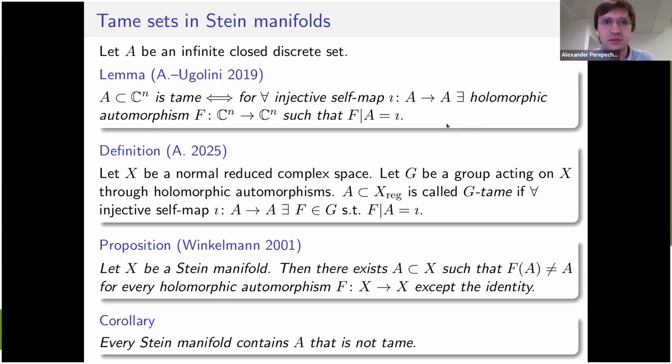So, as an example, are these definitions not equivalent? No. If you replace injective by bijective, I don't know any example where they are different. So they could be the same, but even for C2, it's not known if they are the same. Yeah, thank you.